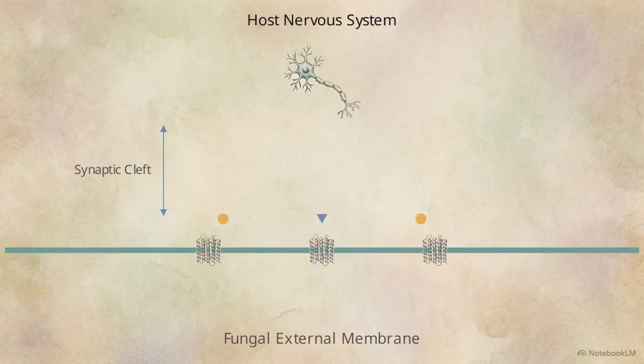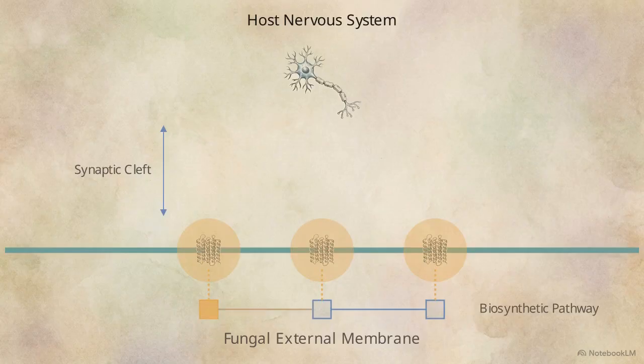These fungal GPCRs are genetically tuned to detect specific host neurotransmitters, such as glutamate and dopamine, as they are released into the synaptic cleft. To complete the two-way loop, we engineer internal biosynthetic pathways that allow the fungus to manufacture and release its own precise neuromodulator analogs back into the cleft.